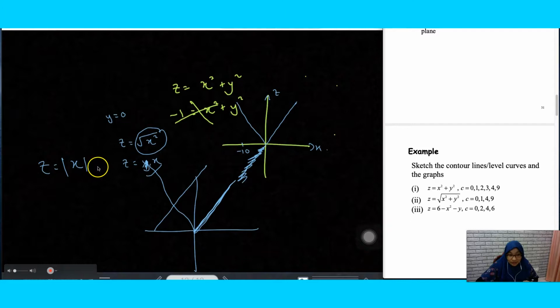So z positive. And then what is the value of x that you can put? I can put x negative. I mean, z can be negative x and z can be x. So this one for positive gradient and this one for negative gradient.